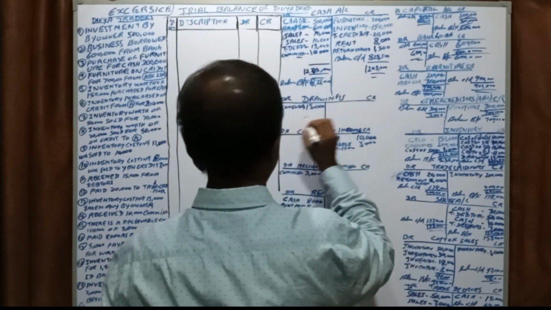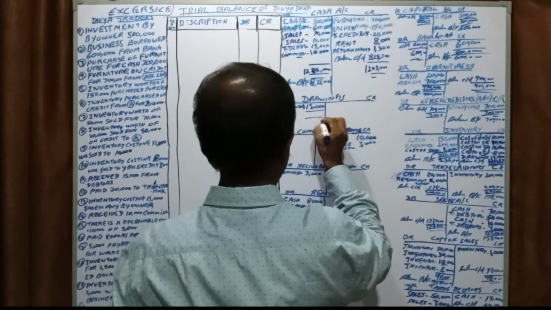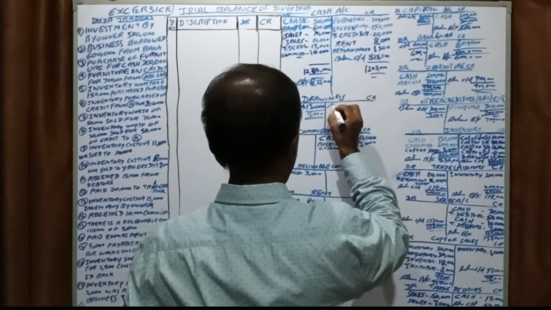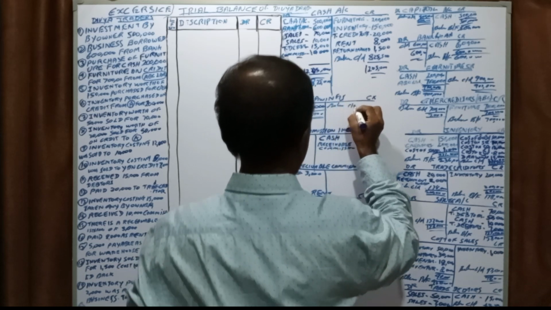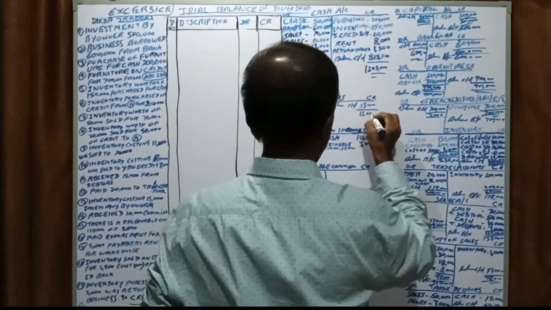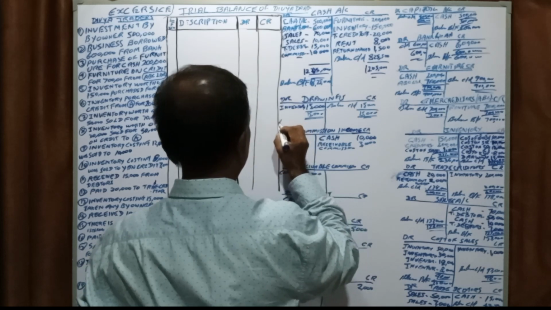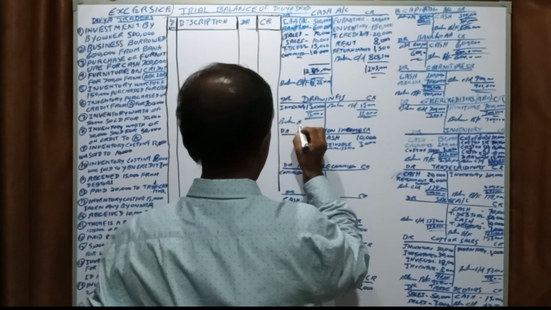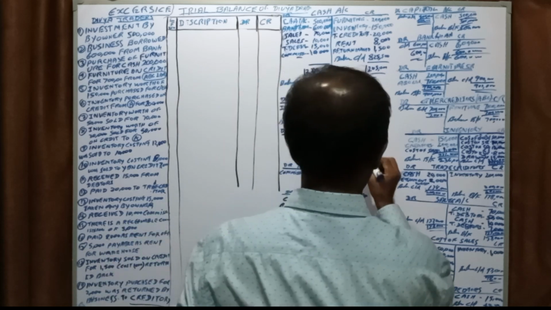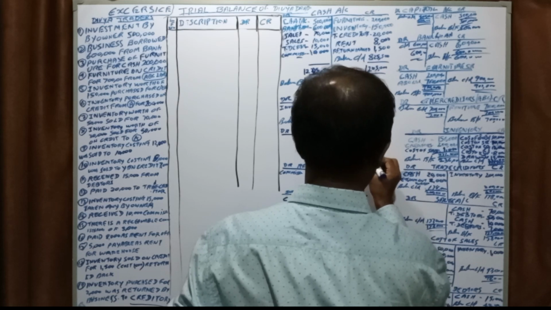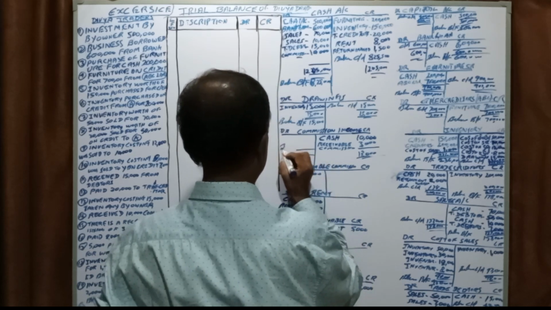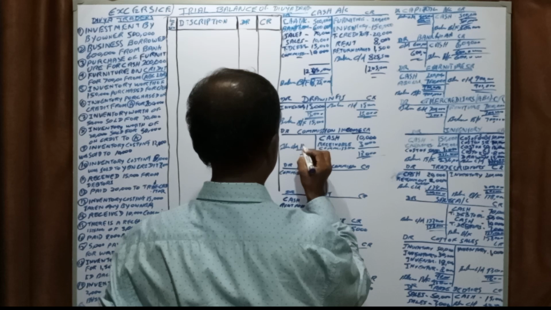Here again inventory 15,000, drawings 15,000. So balance carried down 15,000 and 15,000. Here balance brought forward 15,000. Here 13,000 balance carried down.